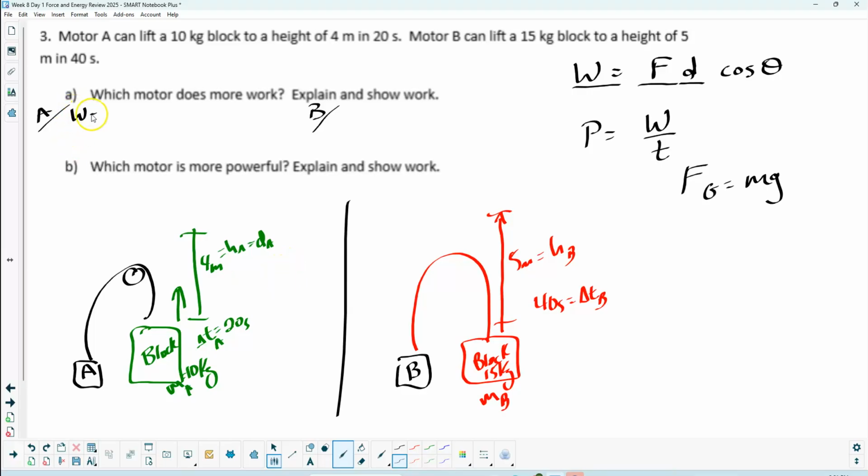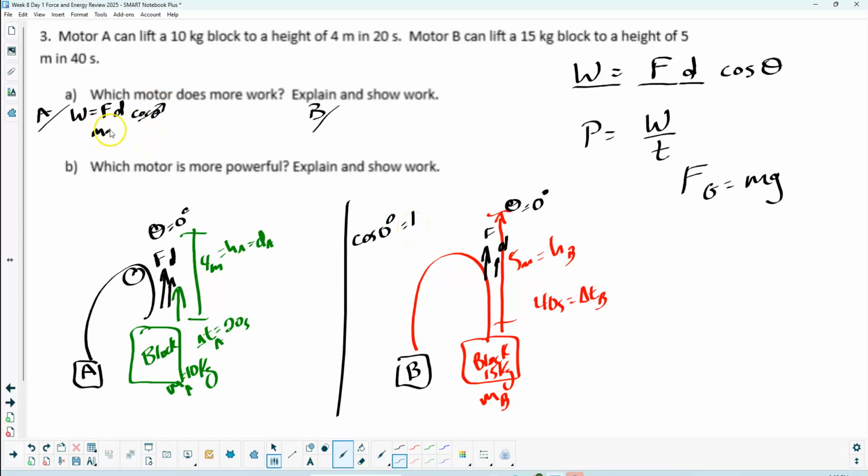The work is equal to the force times the distance times the cosine of the angle. If you think about this, the force is pulling up and the object moves up, so F and D point the same way, so theta is equal to 0 in both of these cases. So cosine of 0, put that in your calculator, that's just 1. So this part of the idea just goes away.